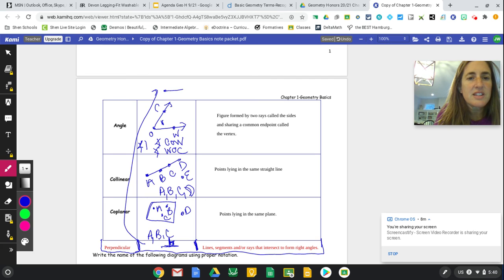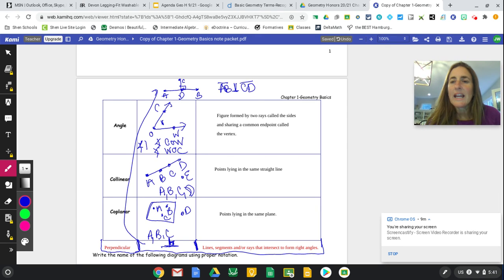So maybe it was segment AB, and then there's CD here. They're perpendicular because they make a right angle. So segment AB is perpendicular to segment CD because there's a right angle at that point of intersection.